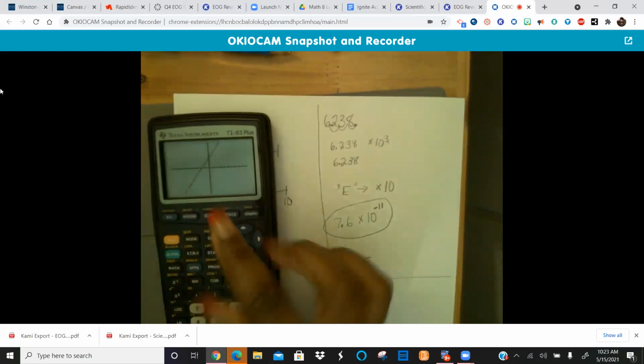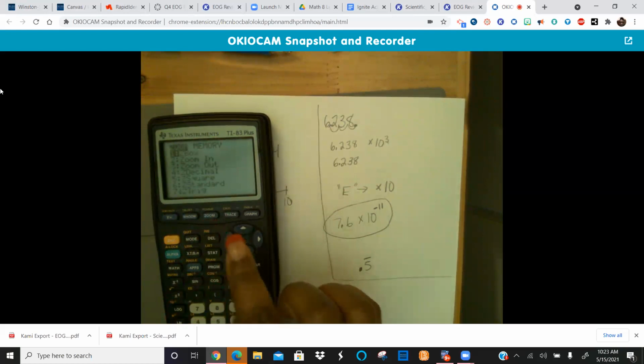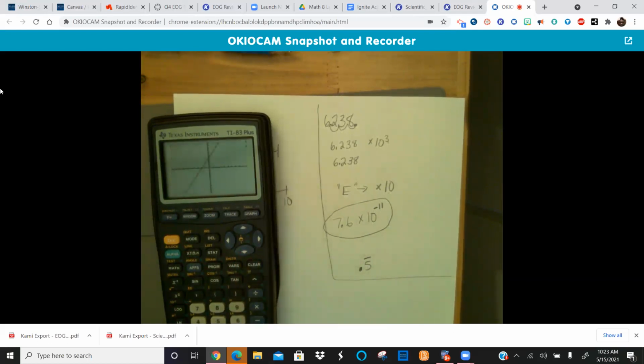You can go to zoom and you can go to zoom fit right here, and it'll give you a graph that they feel is good for that line. Any questions about that? No, ma'am.